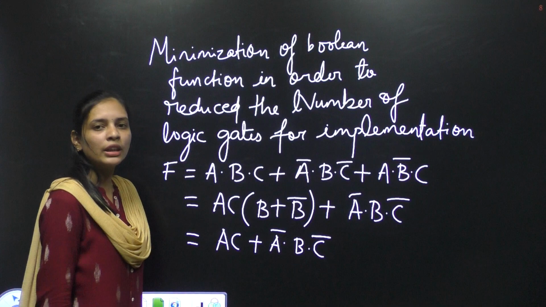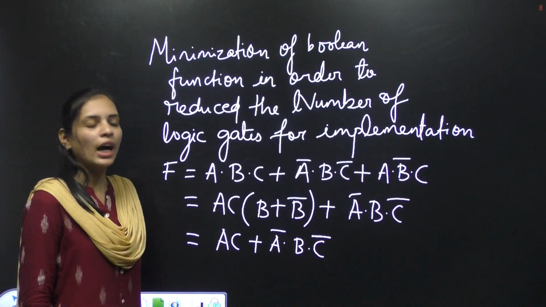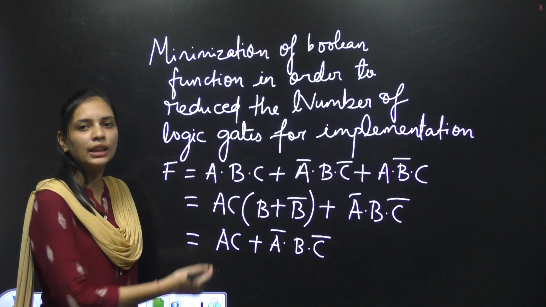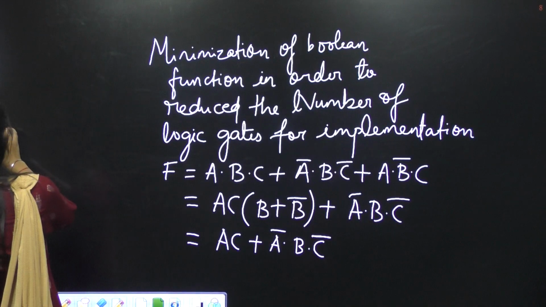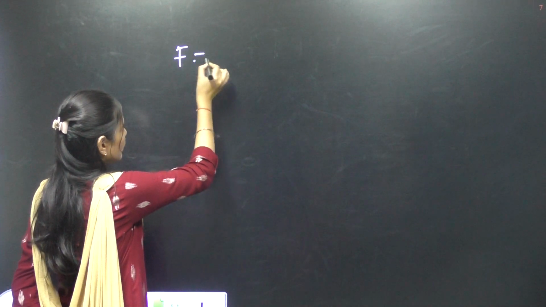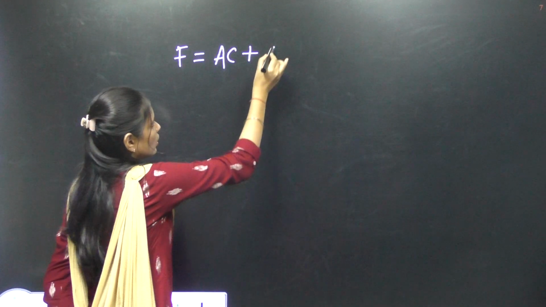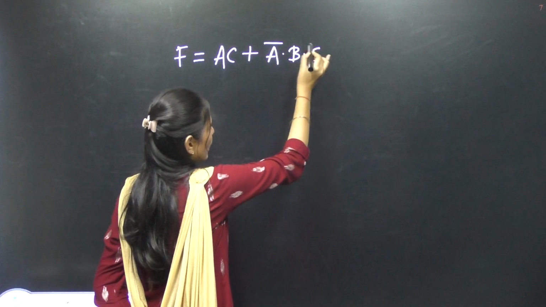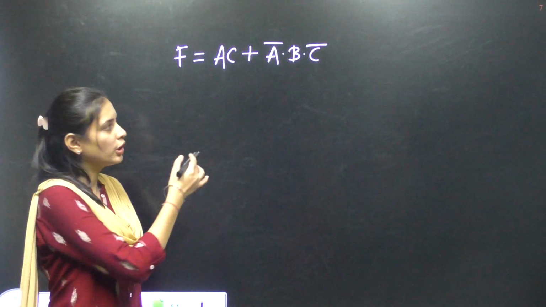Now I have two product terms or two min terms. So I will be using two AND gates and one OR gate for the implementation of this function. So let us see how to implement this function. I got the value of f to be AC plus a bar dot b dot c bar. This is the reduced or minimized Boolean expression.